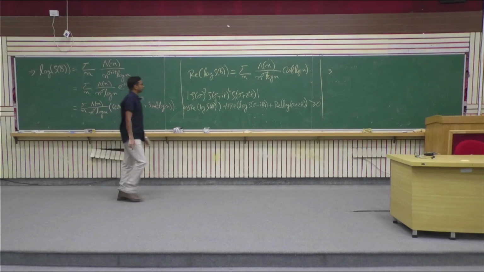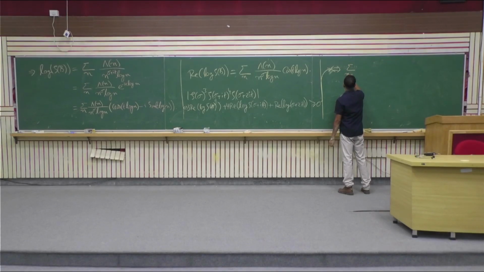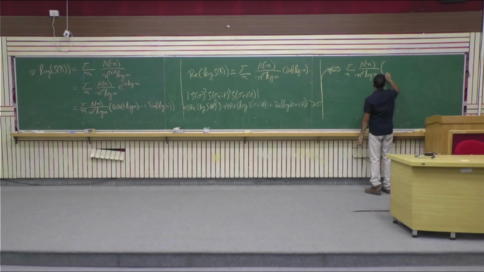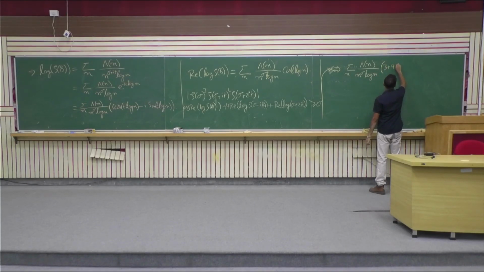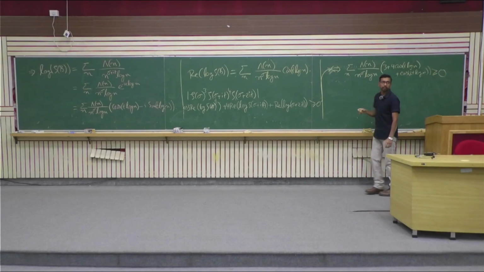So this is equivalent to showing that the summation over n of lambda n by n power sigma log n times 3 plus 4 cos t log n plus cos 2t log n is greater than or equal to 0, right?